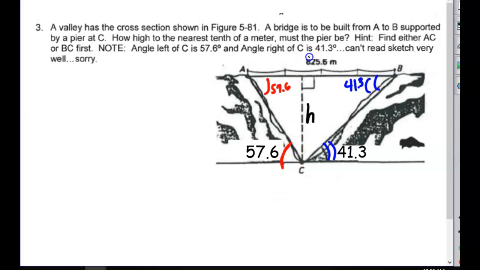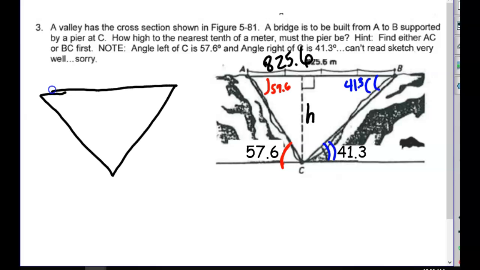The only distance we have is this whole thing up here. What does that say, guys? 825. Okay. So in this giant triangle, which I have not drawn well, 825.6, 57.6, 41.3.